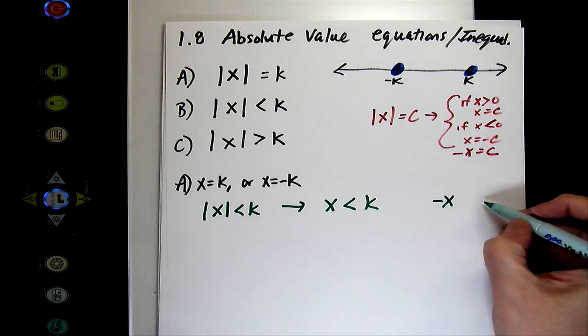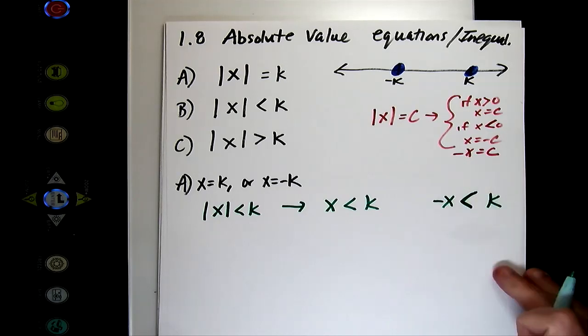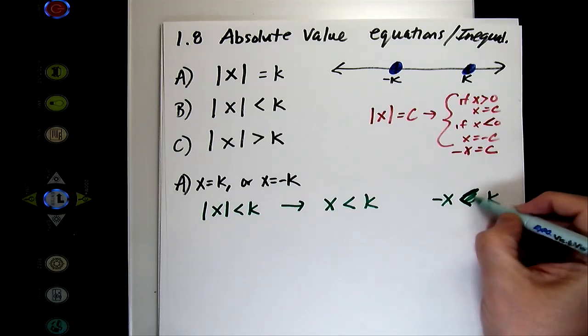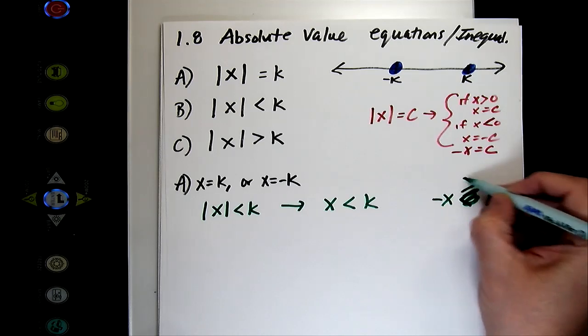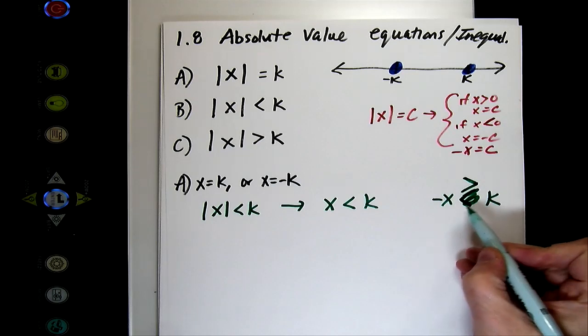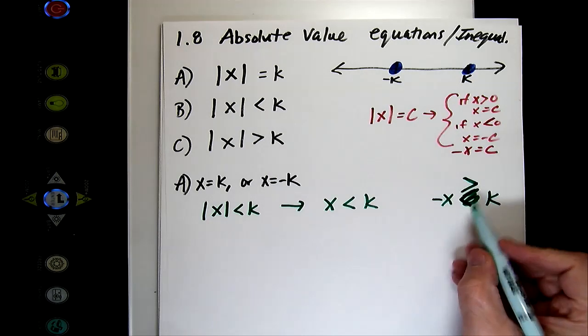Negative x and the k, but the sign flipped. The sign's supposed to flip. I didn't flip it. I said the sign flipped, and then I didn't actually flip it. So what if I change it back?